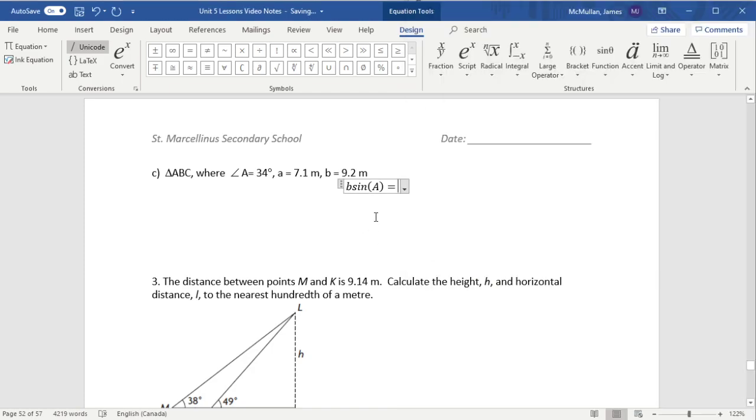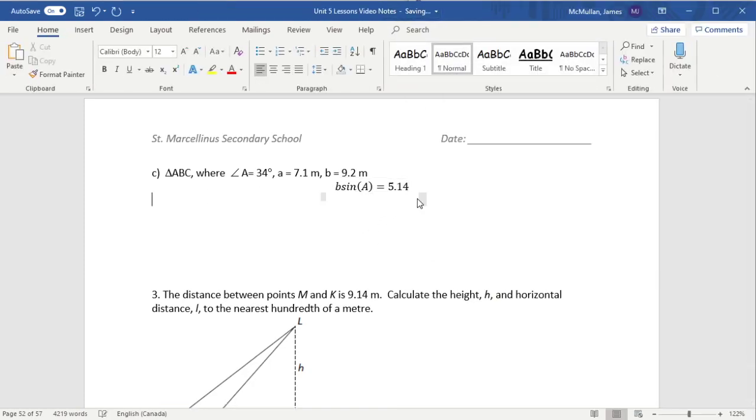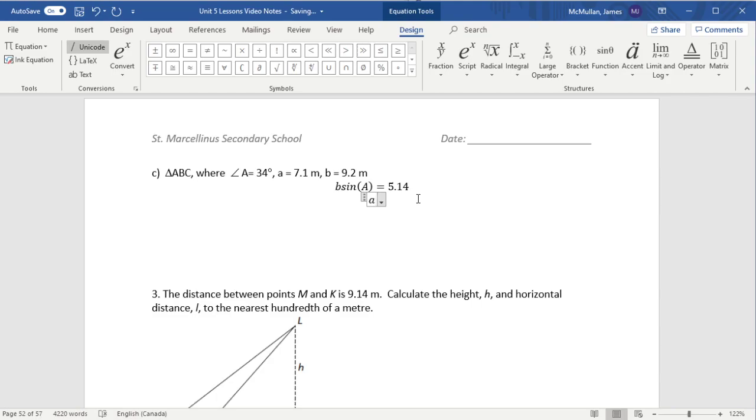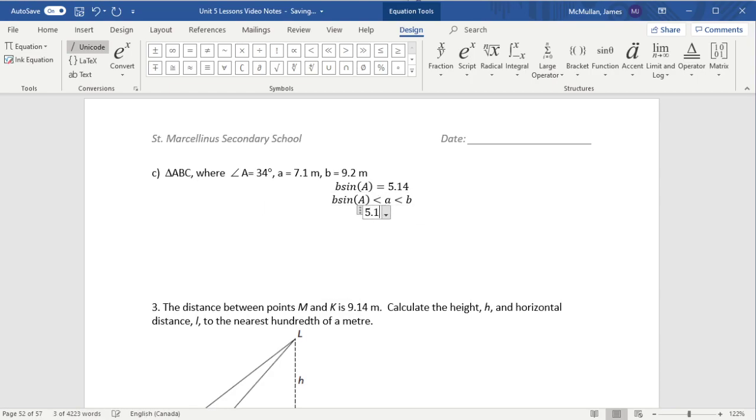And we get 5.14. Now, B sine A is less than A, and A is less than B, right? Because 5.14 is less than 7.1, which is less than 9.2. Therefore, we have the ambiguous case.